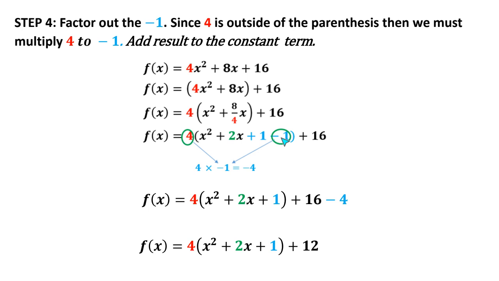When you factor it out, we have to multiply it by whatever number is in the front. So in this case, we have a 4. So 4 times -1 is going to give us a -4. So this answer, -4, we're going to go ahead and include it with the 16. Okay. So now we have 16 minus 4, which is going to give us 12.